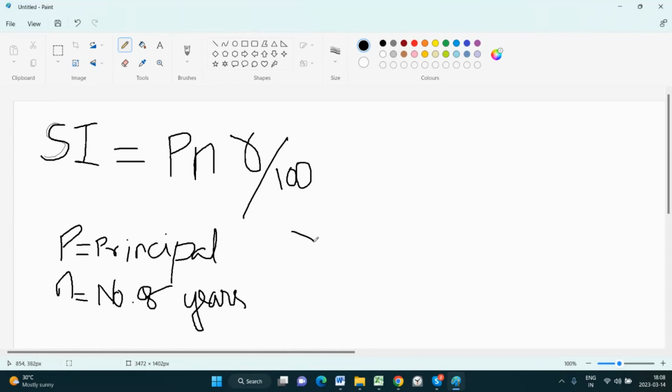R is the rate of interest. This is the general calculation.